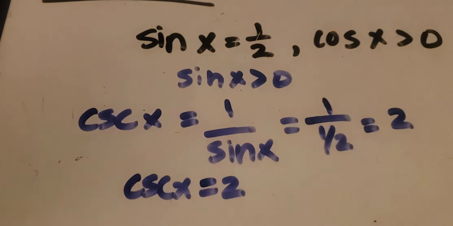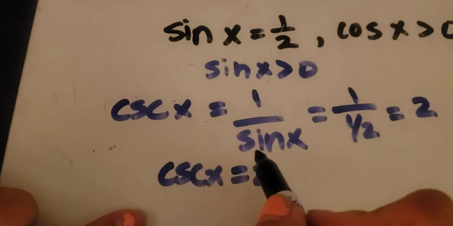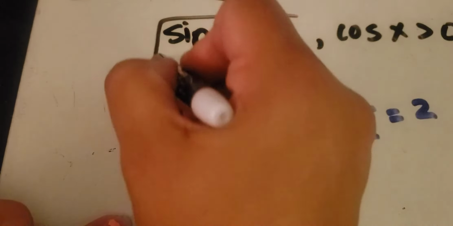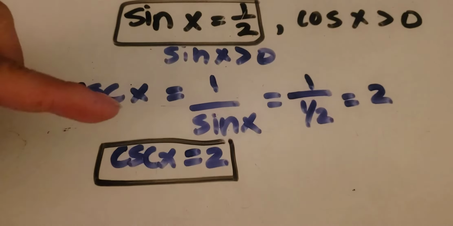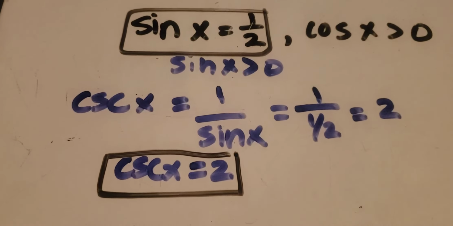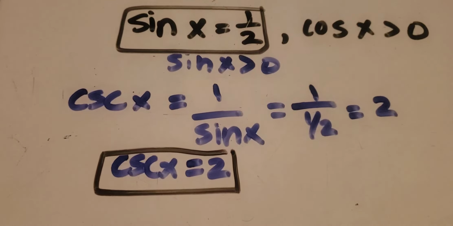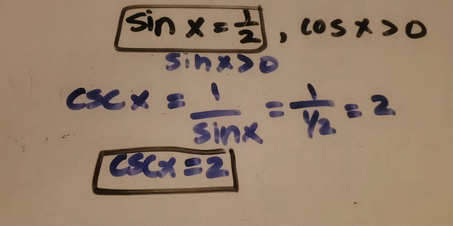So they want us to find all 6 trig functions. I was given my first one, and I just found my second one, okay? And this is just a trig identity. So we know sine, we know cosecant. Now, if you look at your trig identities, what other thing can you find?